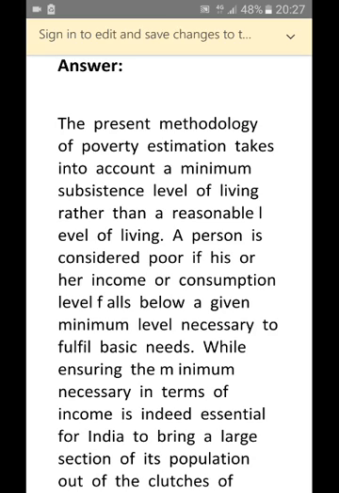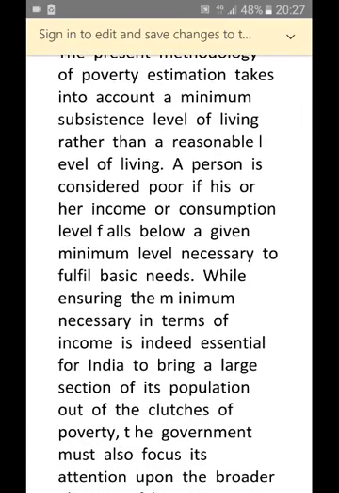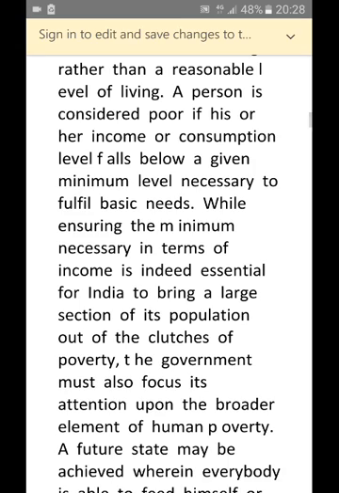A person is considered poor if his or her income or consumption level falls below a given minimum level necessary to fulfill basic needs. While ensuring the minimum necessary in terms of income is indeed essential for India to bring a large section of its population out of the clutches of poverty.